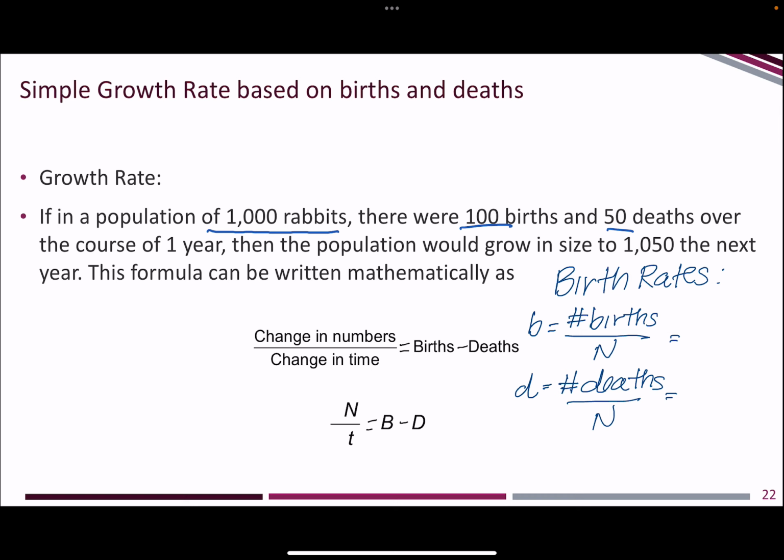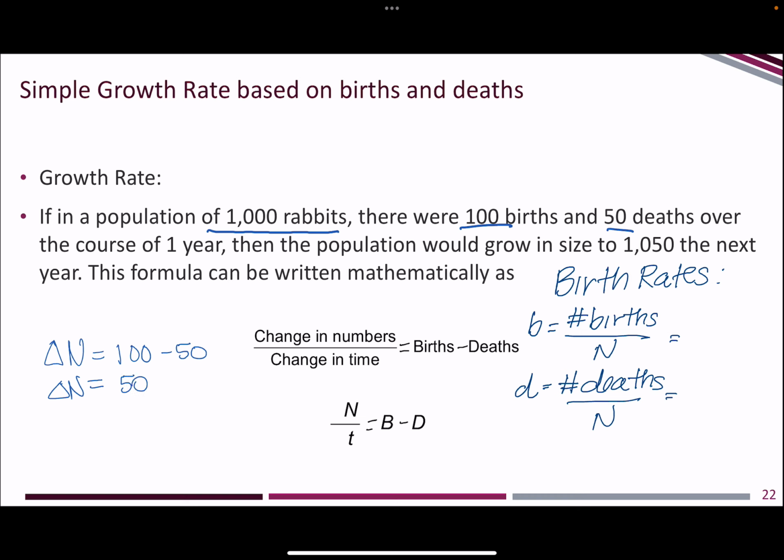So using our equation here, the change in our population, so change in N, is going to be equal to the number of births, 100, minus the number of deaths, which is 50. So our change in our population is going to be 50.